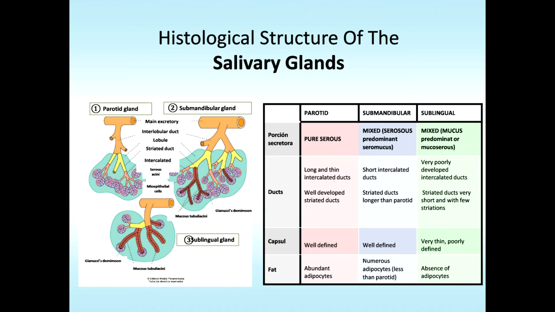This type of acinus, the mucous and the mixed one, we will find in different proportions in the sublingual and the submandibular gland. Thus, the submandibular gland is rich in serous secreting acini, compared to the sublingual, which on the contrary is predominant in mucous secreting acini.